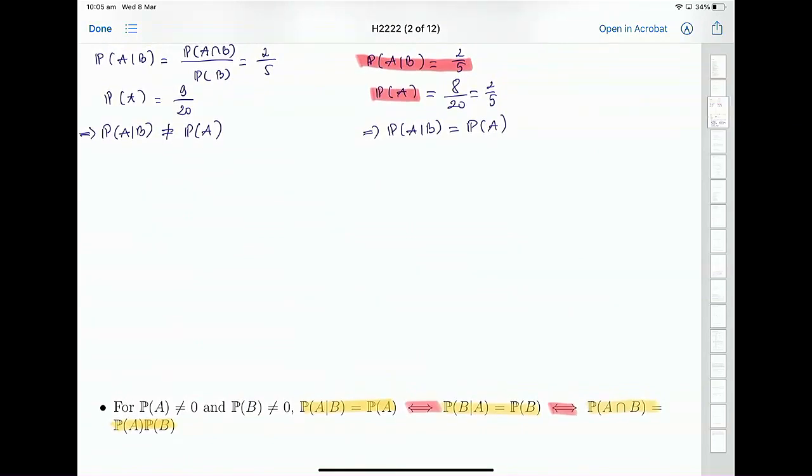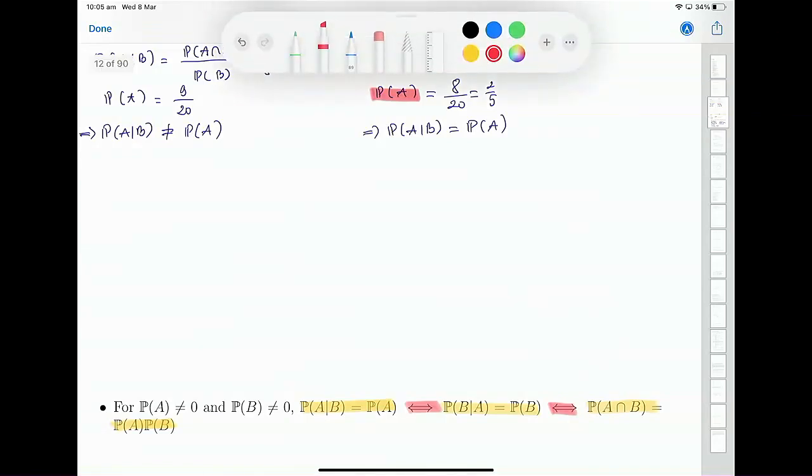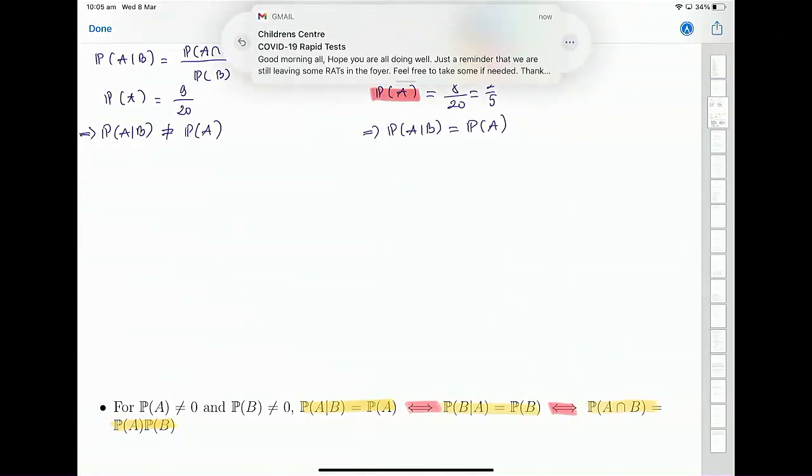Okay. One more thing is that if you have the probability of A given B equal to the probability of A, then you can deduce that, okay, I can write it here.